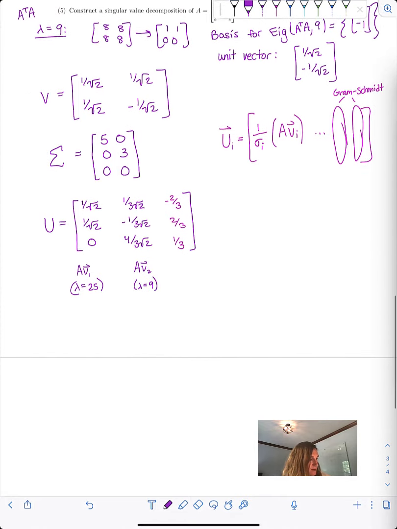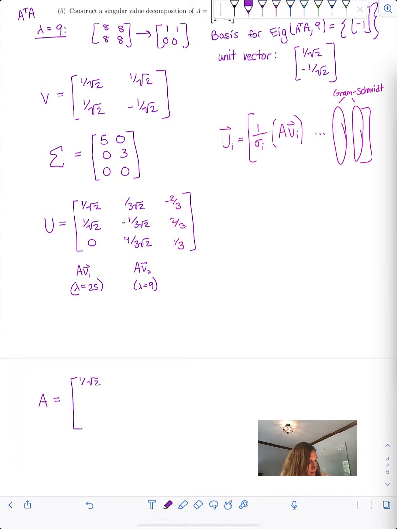And so this tells us that A equals, first we have our U. So we have 1 over root 2, 1 over root 2, 0; 1 over 3 root 2, negative 1 over 3 root 2, 4 over 3 root 2, negative 2/3. Basically right now I'm just putting these things in.